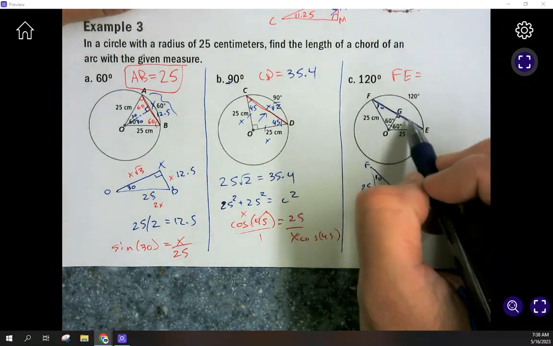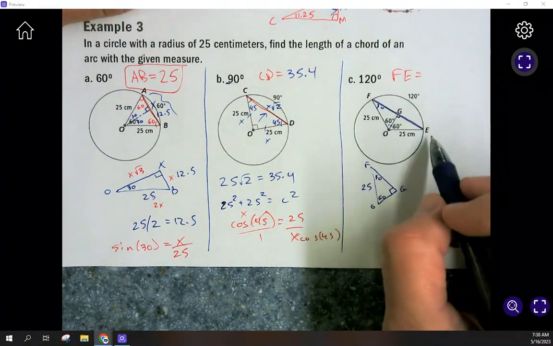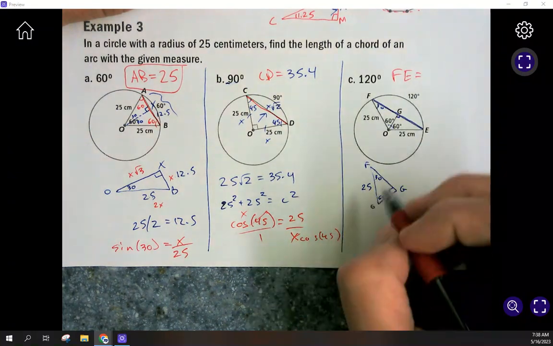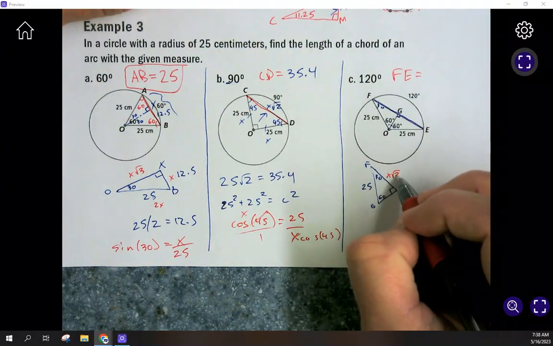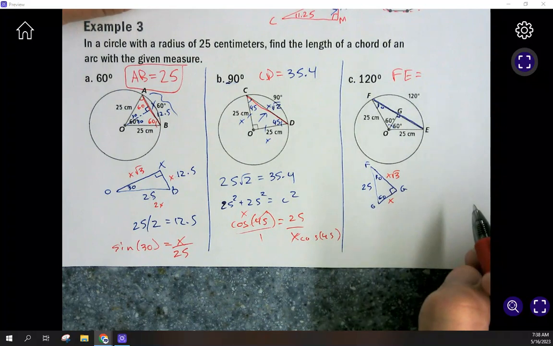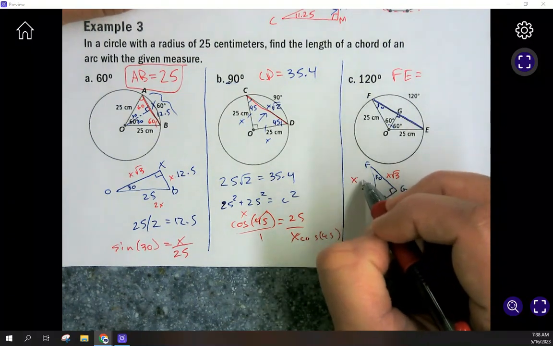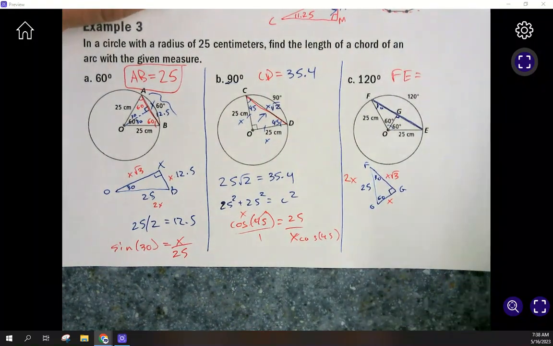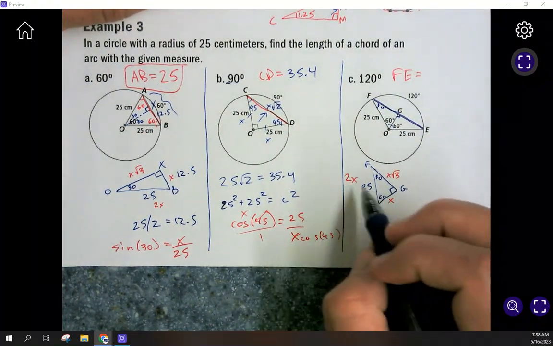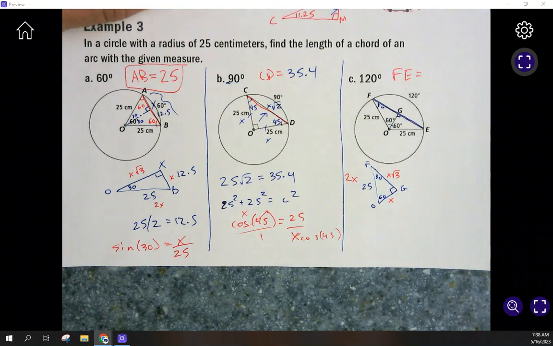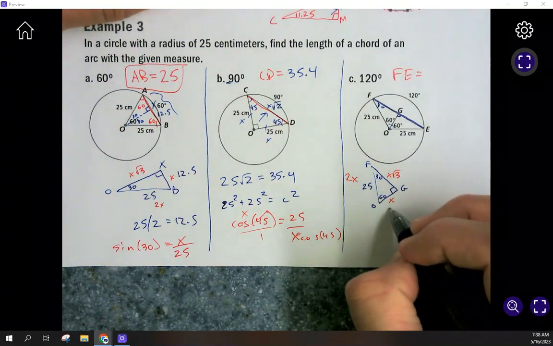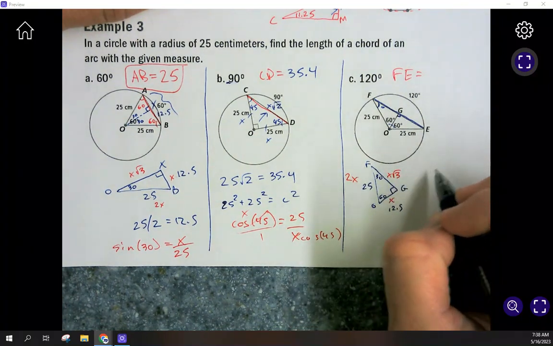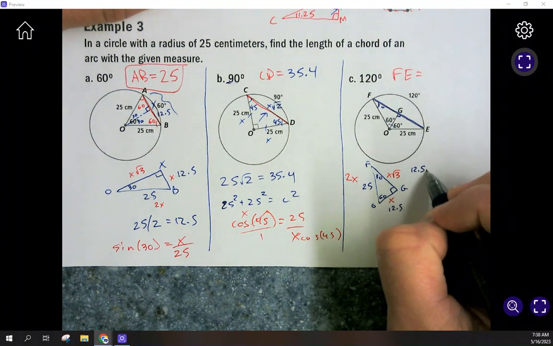So if I'm trying to find FE, that length all the way across, I need FG, which in this case is across from the 60. That's the x radical 3. This would be the x, which I don't need. This would be my 2x, right? So if this is 2x, x would be half the size. You would do 25 divided by 2. So I know that this is 12.5, which means this side right here, my x radical 3, is going to be 12.5 radical 3.